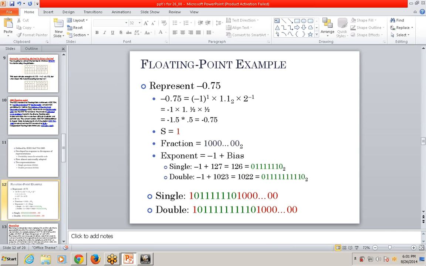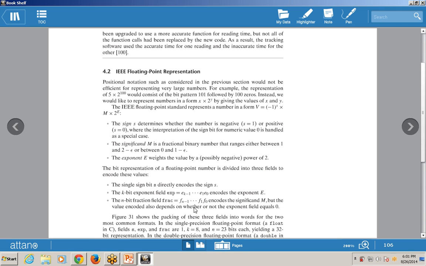Now let's see in your book what floating point representation is. This is nothing but what I told you, the IEEE floating point representation. It says that positional notation, as considered in the previous section, would not be efficient for representing very large numbers. For example, the representation of 5 into 2 power 100 would consist of the bit pattern 101 followed by 100 zeros.